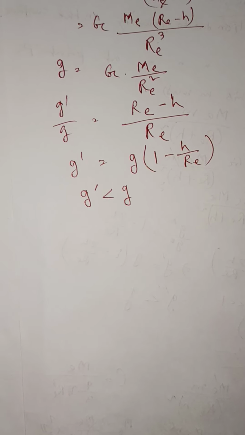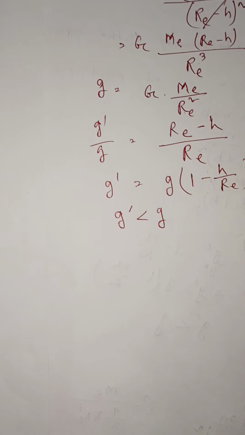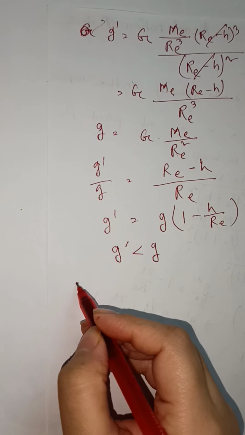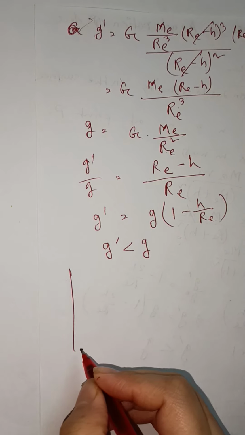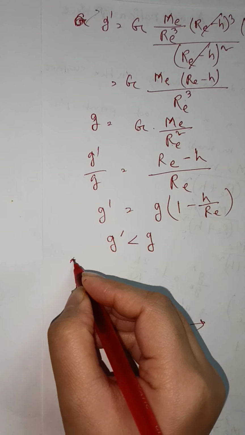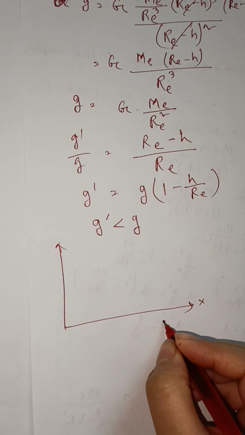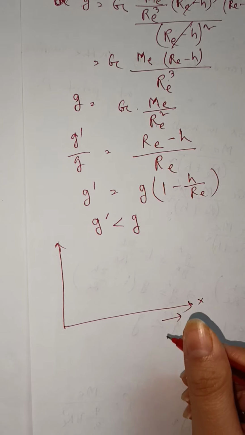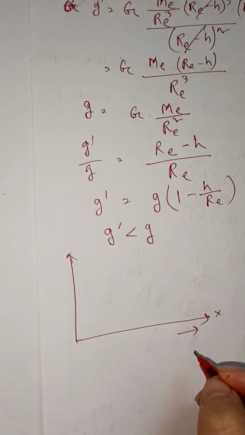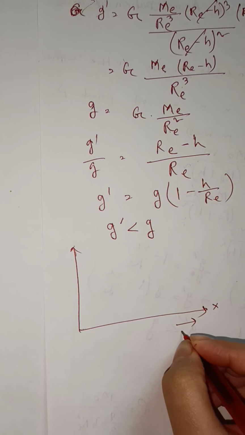Now, variation in the value of acceleration due to gravity, and this is the graphical representation. So here I am taking 2 axes. Along the x-axis I indicate the distance of the mass from the center of Earth, which is r.